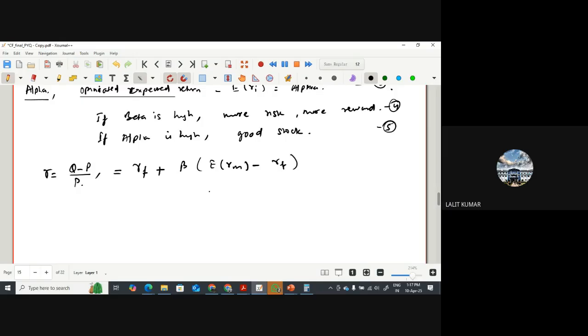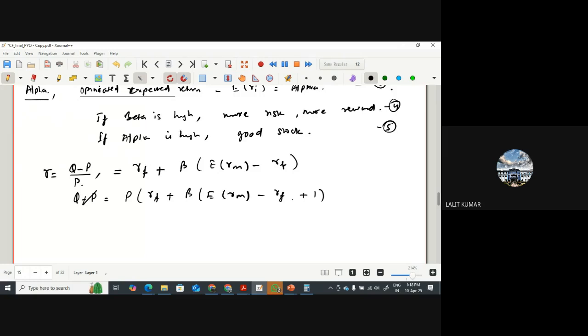So if you open this, then you get Q minus P is equal to P times (RF plus beta into (ERM minus RF)). Now you bring P this side, so this will become plus 1.